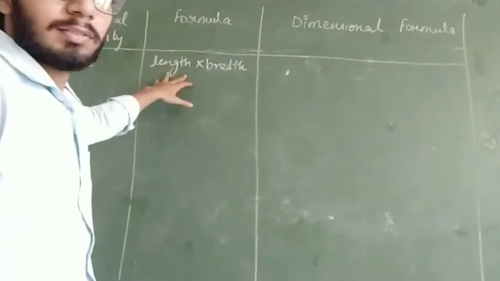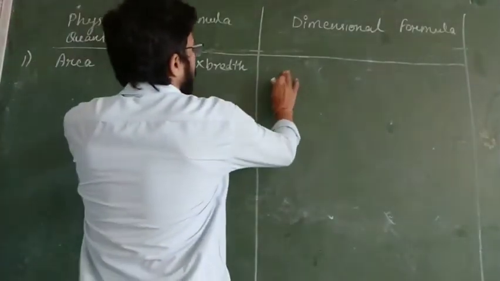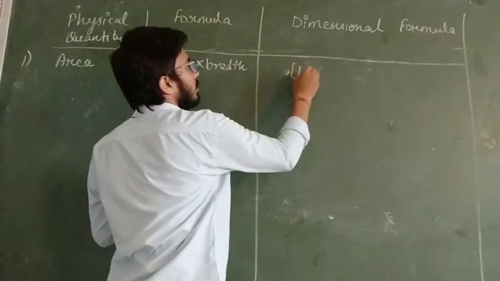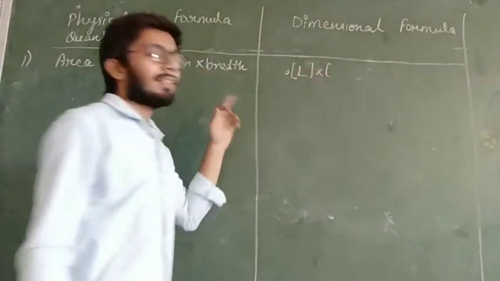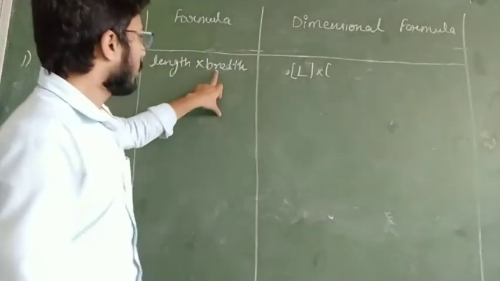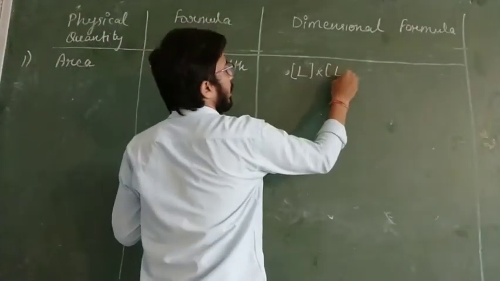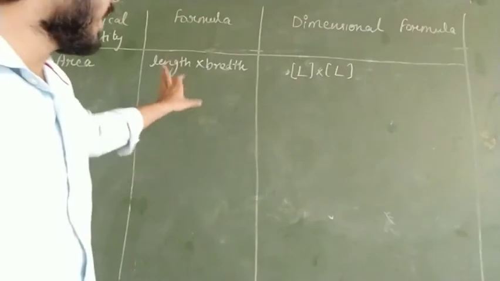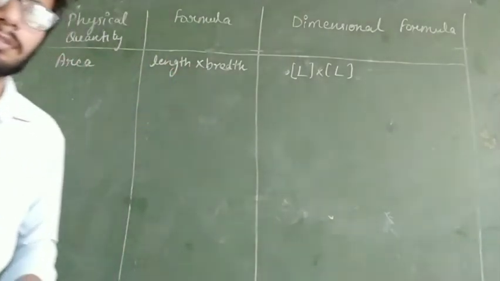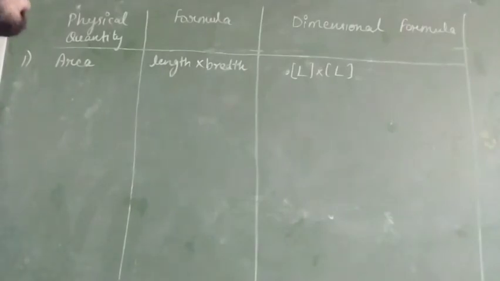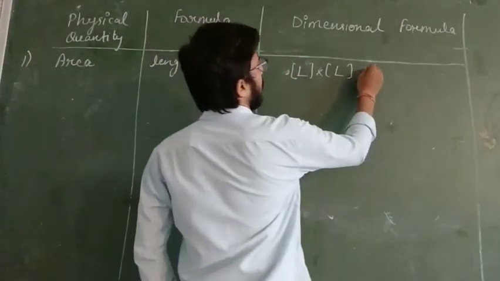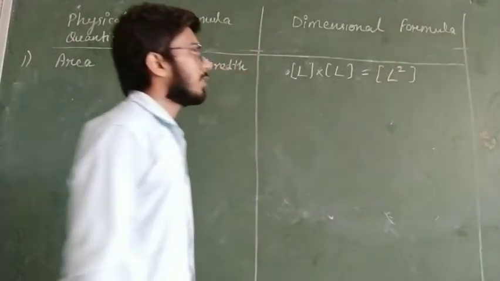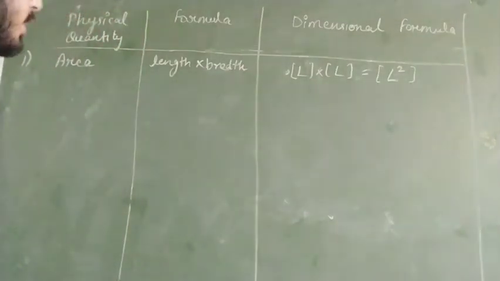Length is denoted by L, and breadth is also a length, so for breadth also capital L. In dimensional formula we write length as L, mass as M, and time as capital T. So L into L is L square, so the dimensional formula will be [L^2]. This is the dimensional formula of area.